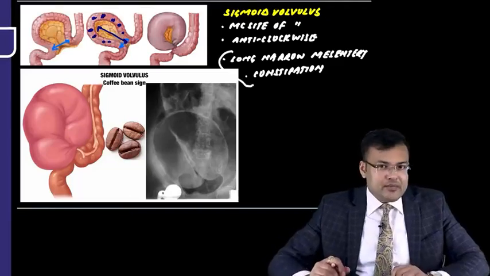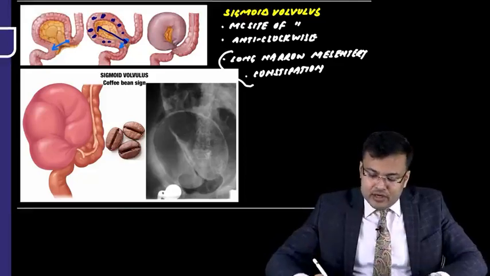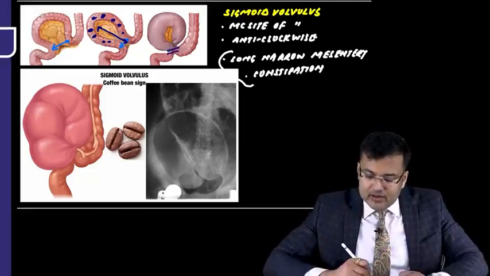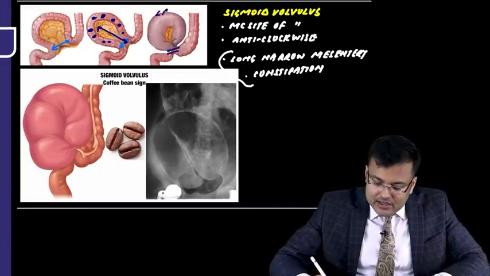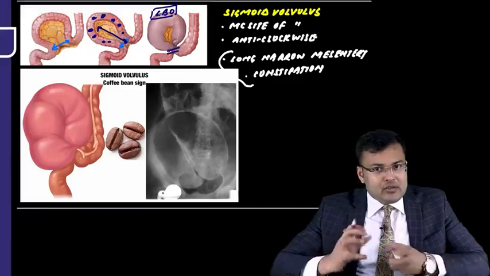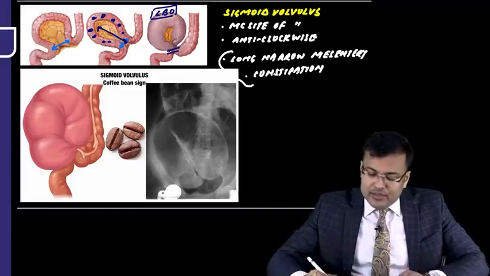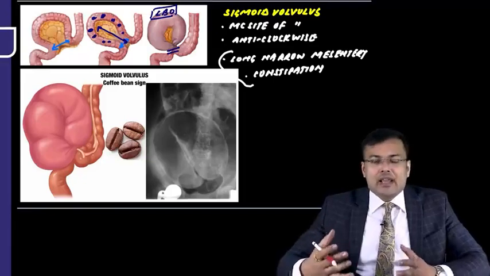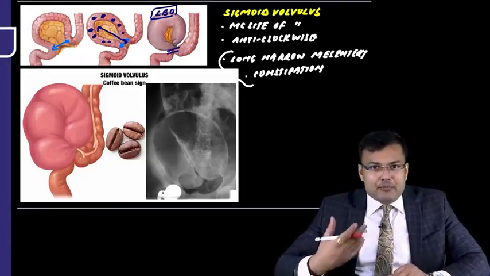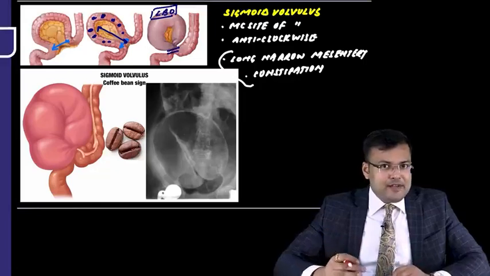Since there is twisting, because of this twisting, what kind of obstruction is there? Obviously, patient is having large bowel obstruction. And what kind of obstruction? Obviously, this is closed loop obstruction. So the patient will be having signs and symptoms of large bowel obstruction like colicky pain, abdominal distension, and non-passage of feces and flatus.